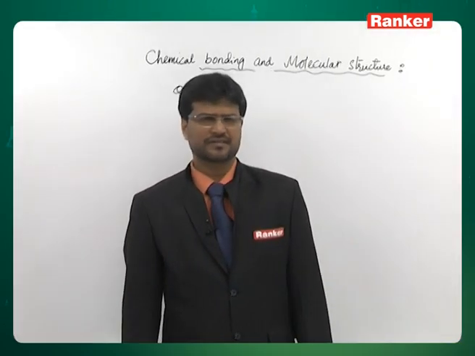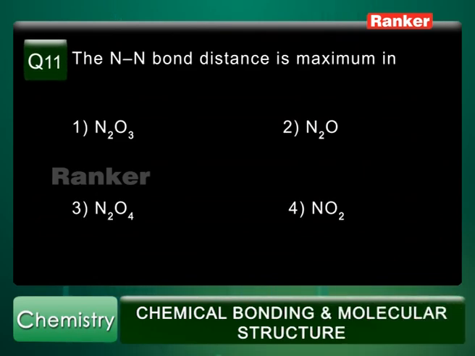Question number 11. The NN bond distance is maximum in. The question is regarding the longest NN bond. So, obviously, the fourth option is ruled out because it has got only one nitrogen. So, there is no question of presence of an NN bond. Let us decide between N2O3, N2O and N2O4.